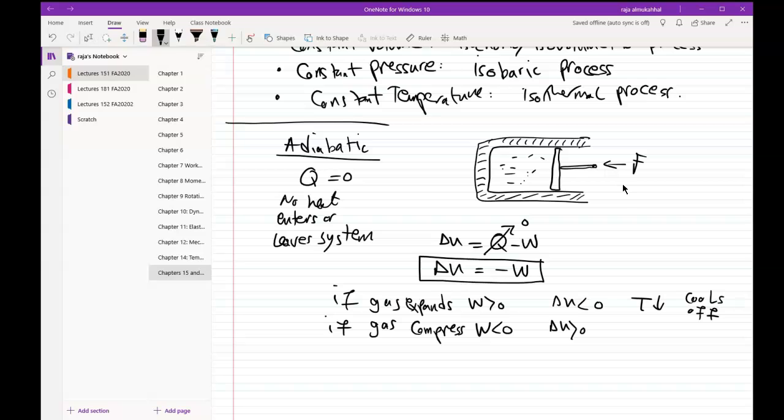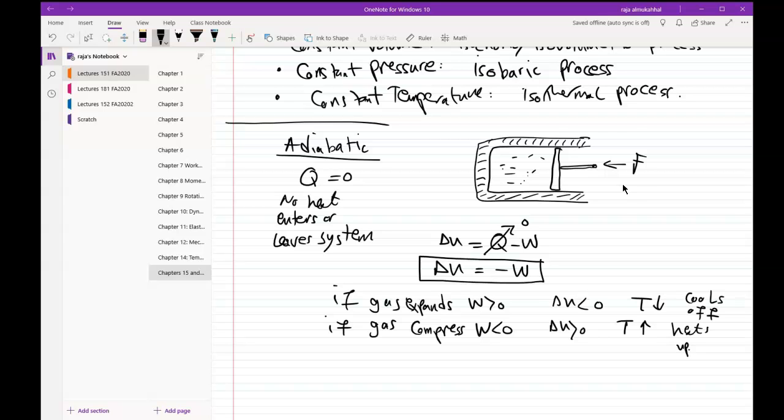Positive delta U means it's going to get hotter. Remember, delta U and temperature are related, so an increase in U means an increase in temperature, a decrease in U is a decrease in temperature, and so on. So here the temperature is going to rise, so it's going to heat up.